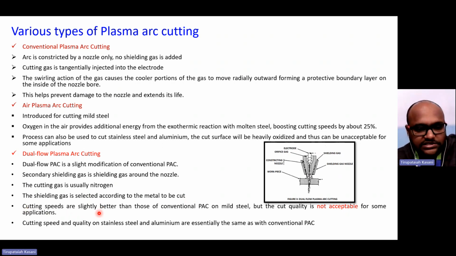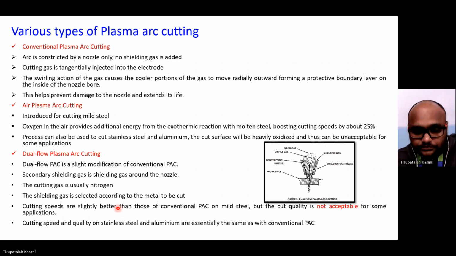Cutting speeds are slightly better than those of conventional plasma arc cutting on mild steel. But the cut quality is not acceptable for some applications. Cutting speeds are slightly better, but during this high speed cutting, the burrs are more.